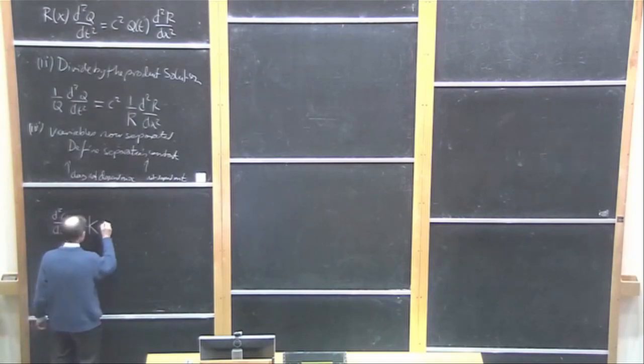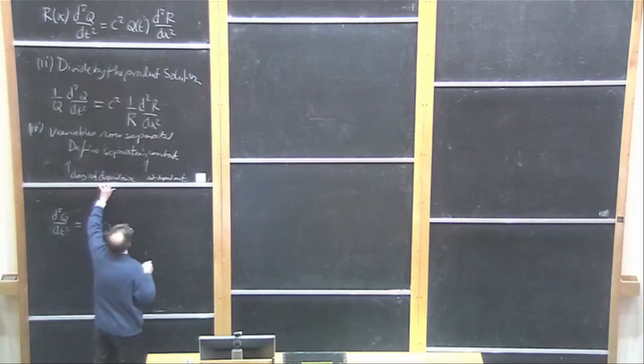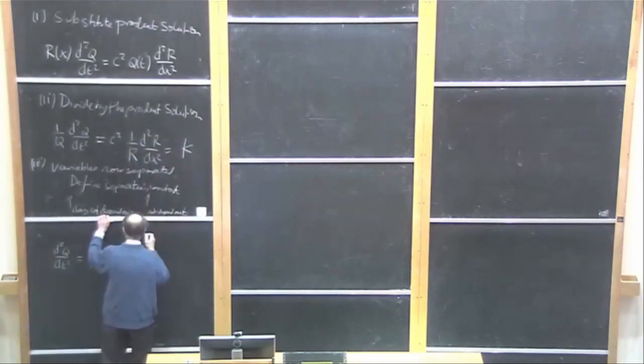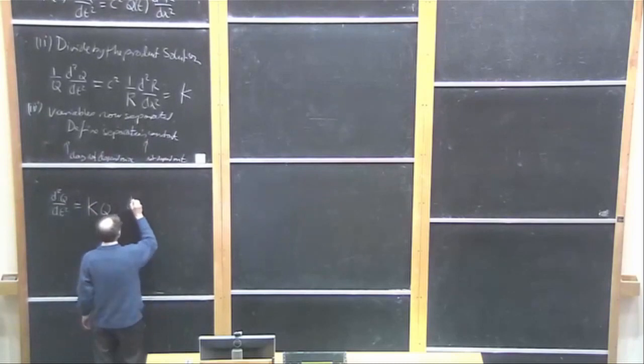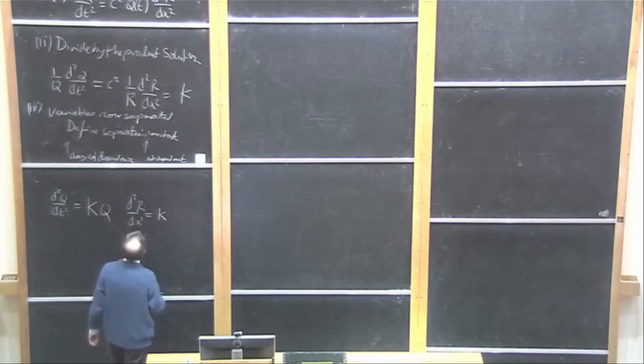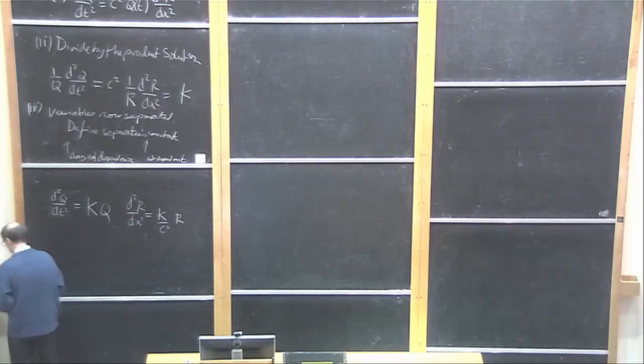Capital K Q. And so this equals capital K, and d2R by dx squared equals K over c squared R. So those are our two separated equations.